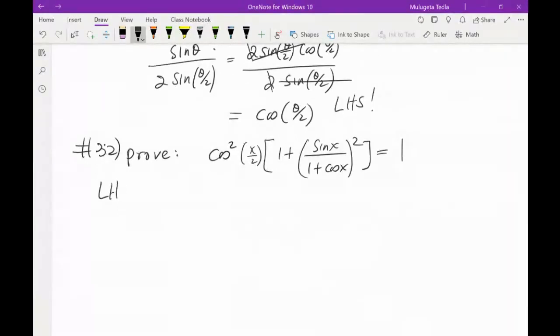So left hand side, of course. The right hand side, nothing to work with. So left hand side, cos squared of x over 2, 1 plus sine squared of x. I can multiply 1 plus cos x the whole squared, right?